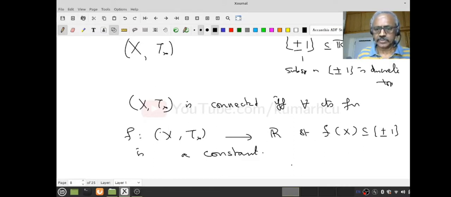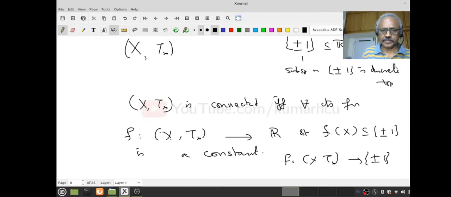You can also think of this f as a function from (X, tau_X) to the set {plus or minus 1}. Notice that f from (X, tau_X) to R with f(X) contained in {plus or minus 1} is continuous if and only if f from (X, tau_X) to {plus or minus 1} with the subspace topology is continuous. That's what we just saw, fact number 2. Do you understand that?